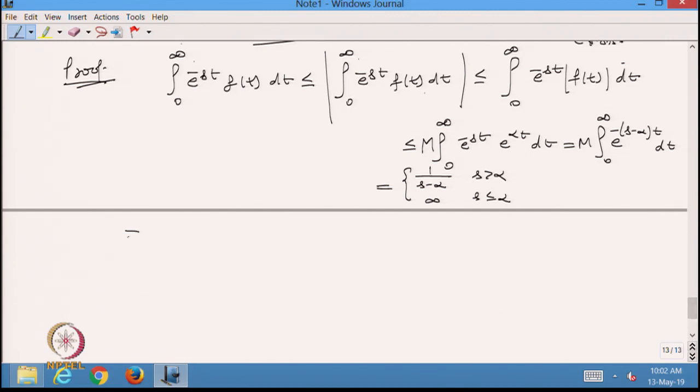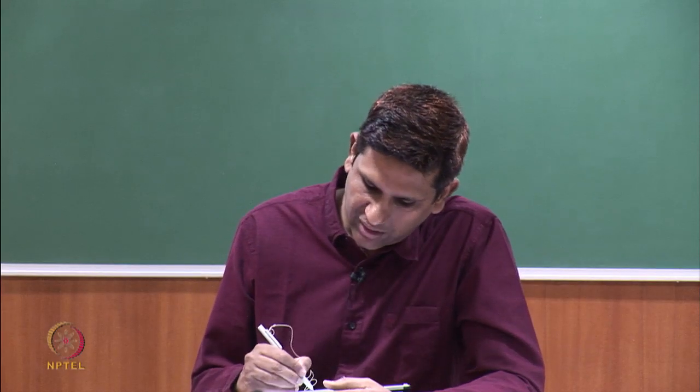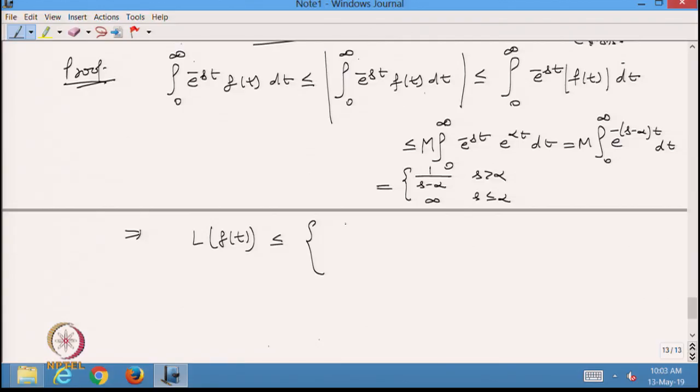So, from here I can say that the Laplace transformation of the function f(t), which is piecewise continuous and of exponential order, exists, and this is equal to 1 over s minus alpha when s is greater than alpha, and infinite when s is less than or equal to alpha.